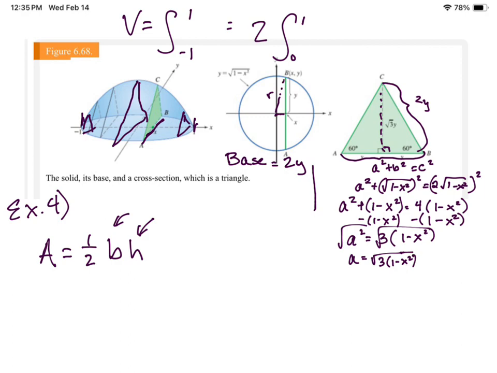Have you seen that before? Yeah, it was y, right? So a is equal to square root 3 times y, not the square root of 3 and y. Square root of 3 times y. This is the height.